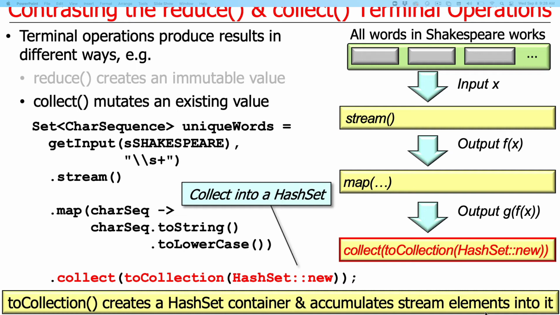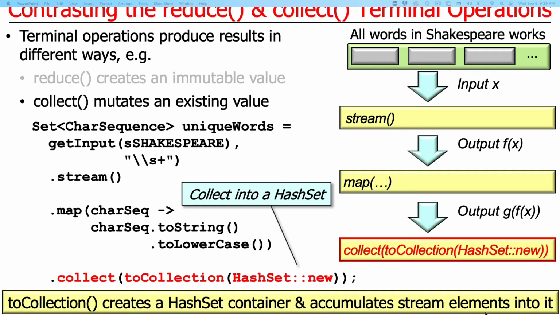A hash set is basically a set that uses hashing to implement the set. We could use a tree set as well, but what we're doing is collecting it into a set.